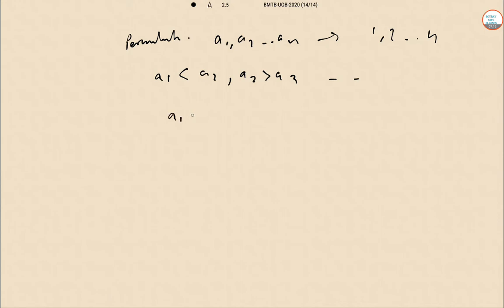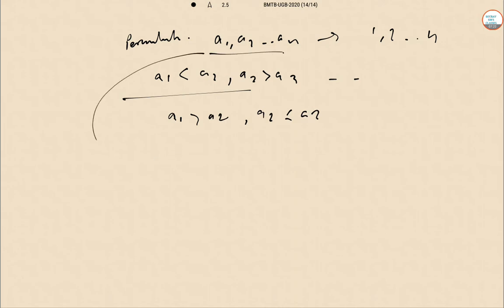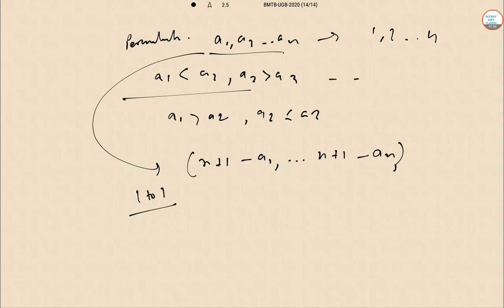So corresponding to a1, a2 dot dot dot an, we get n plus 1 minus a1 comma dot dot dot n plus 1 minus an. So this is a 1-to-1 correspondence between the two sets, if we mark them as 1 and 2, with respect to the 1 and the 2 permutation.